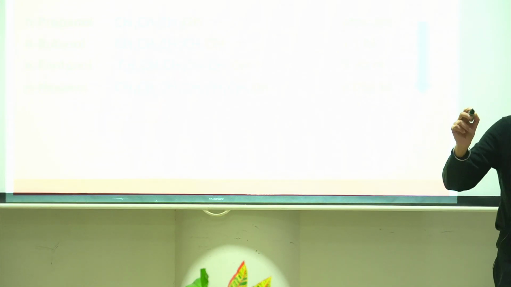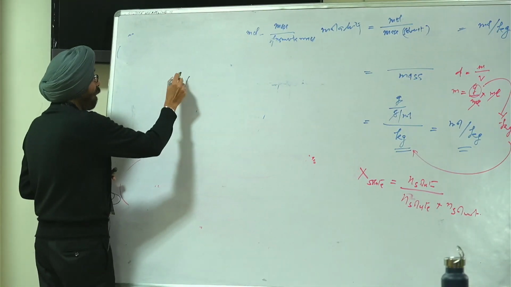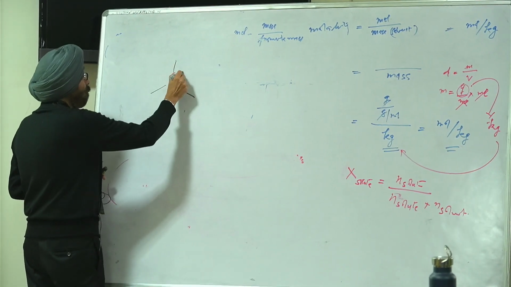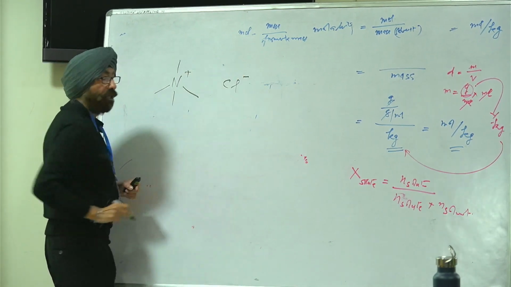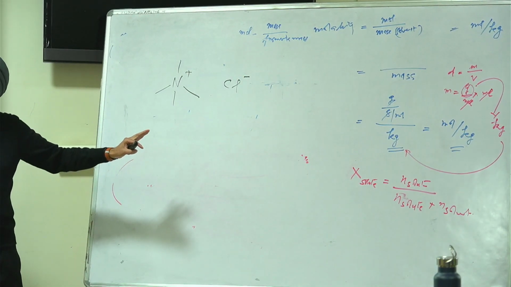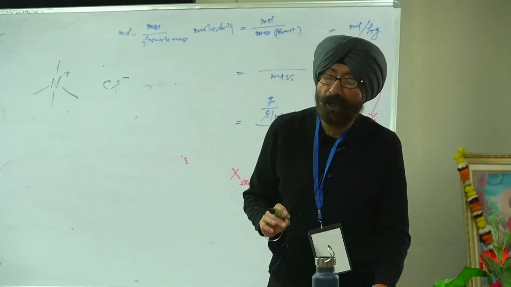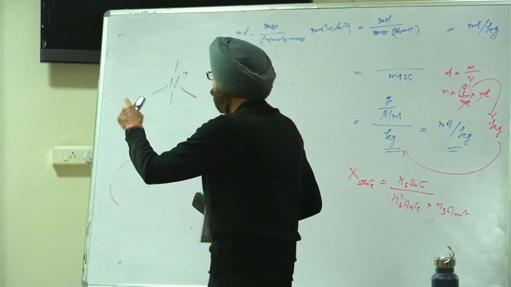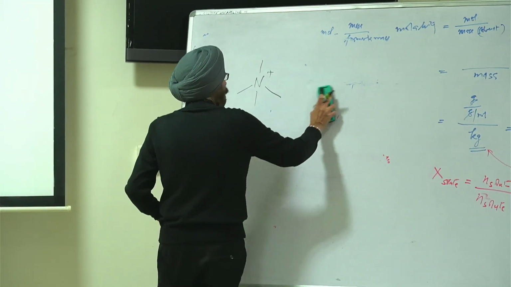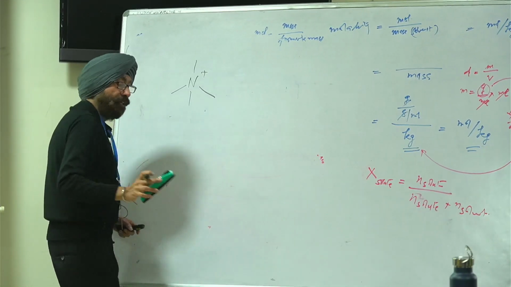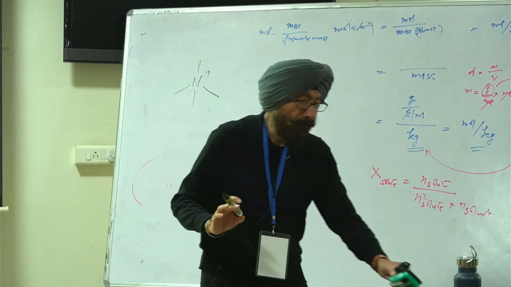It is much easier to understand if I explain it in terms of a salt. Suppose I am dealing with ammonium chloride in water, right? For the time being, forget about chloride, because the term we are going to explain has no relation with the chloride. It's a spectator ion and it's already soluble.